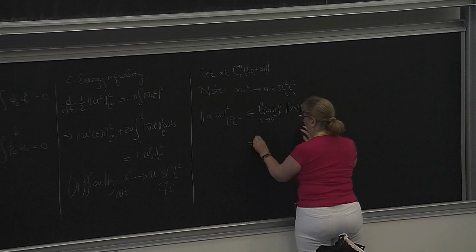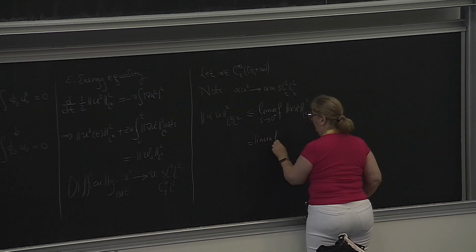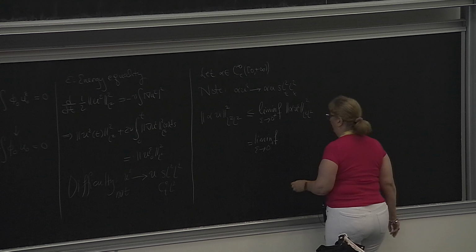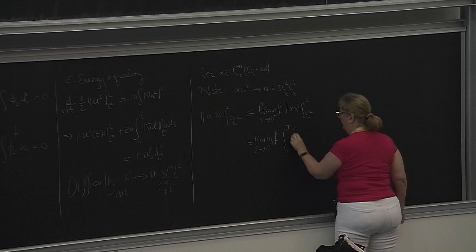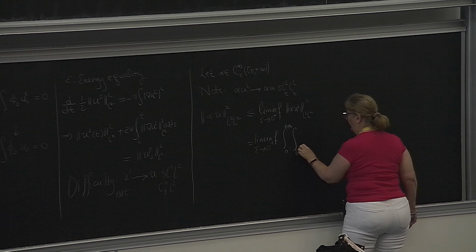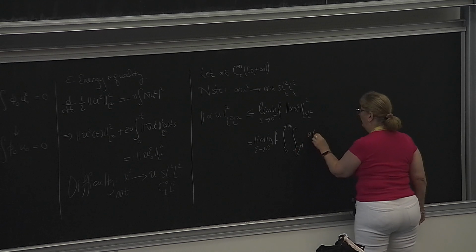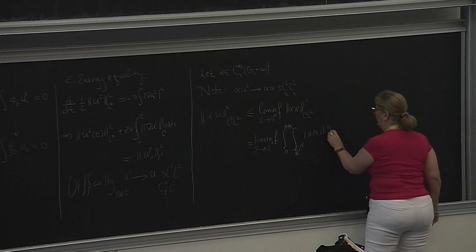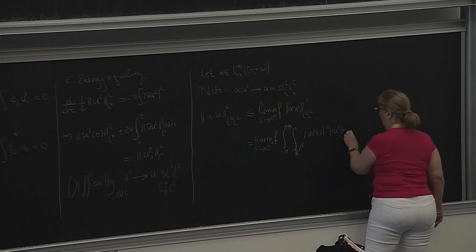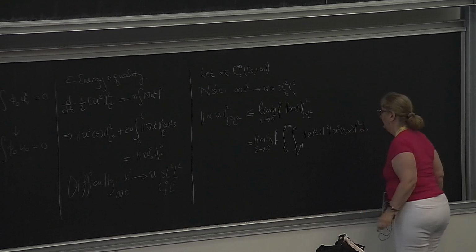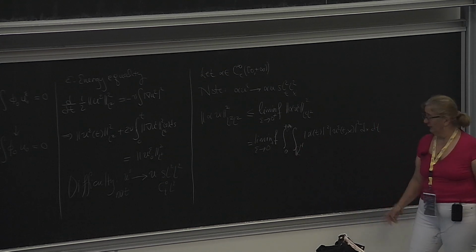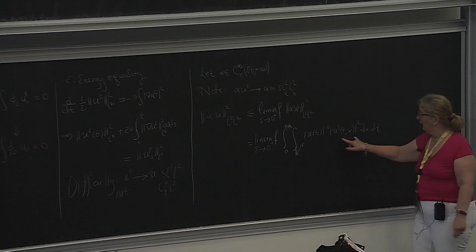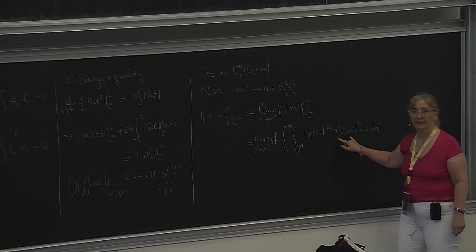This here is bounded by the lim-inf of the integral from 0 to plus infinity of the integral on Rn of alpha of t squared times u epsilon of t,x squared dx dt. I can pull this alpha of t outside of this integral. It's only time dependent. And use the energy inequality for epsilon.